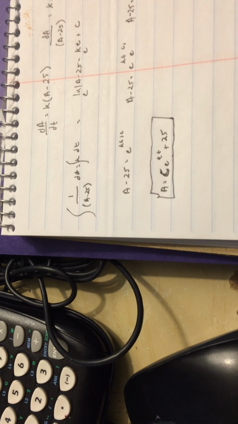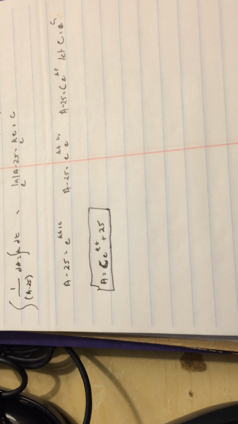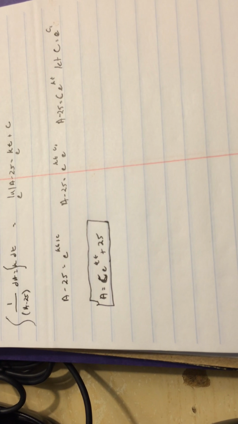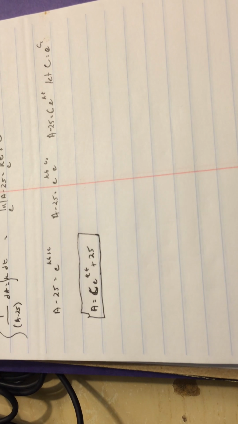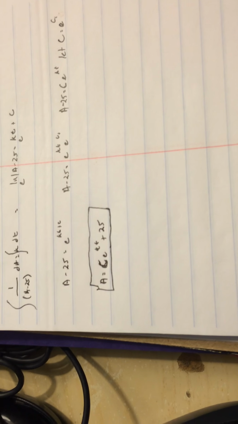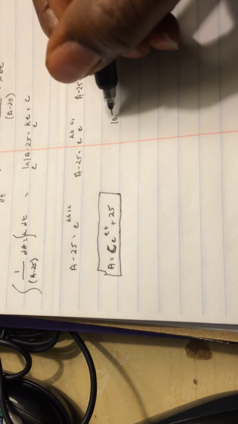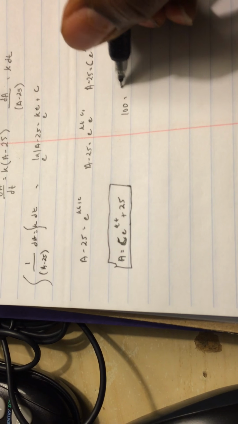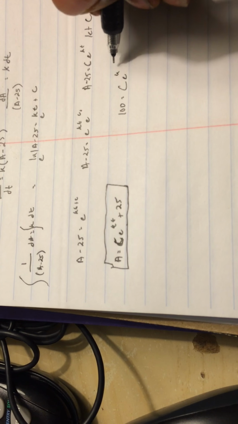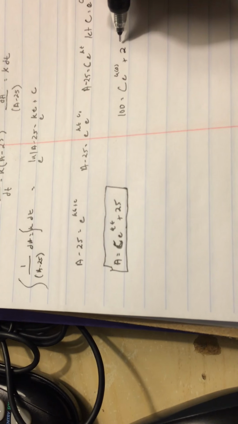Now with that being done, we need to find a more specific form. We can do this when we look at our equation and see that at time t equals 0, the temperature of our kettle is 100 degrees. So in this case, we're going to end up with 100, which is our A, equals C times e to the K times 0, which is our initial time, plus 25.